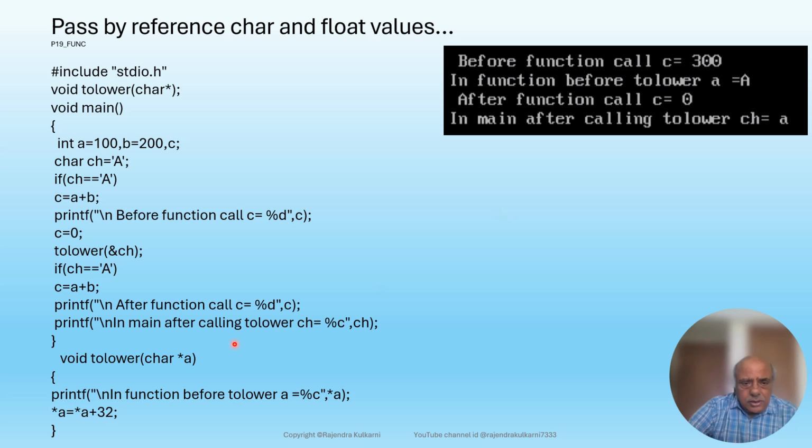Because in the function toLower, we are causing the char value of ch to be converted to lowercase a, whereas the logic in main checks whether the value of ch is capital A. Since toLower has changed the value of ch into lowercase a, this if does not execute, and that is why c is equal to a plus b does not execute, and we get whatever value was assigned to c before the toLower function call, which is 0.